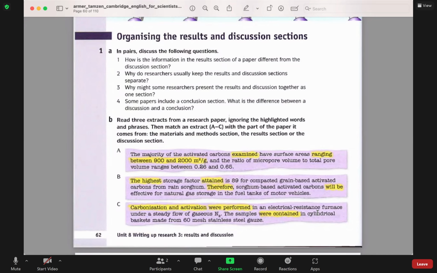Okay, and there are 3 extracts in part B from the research paper. When you read these 3 extracts, which part of the research might each be? The materials and methods section, the results section, or the discussion section. So A, B, and C. Let's divide them. Maybe A is results, because we have some numbers in it.